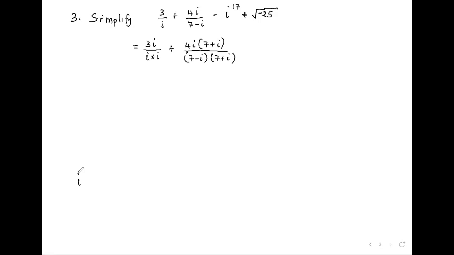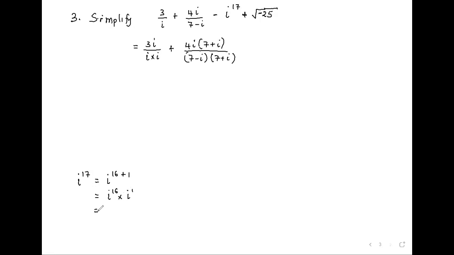Now let's do i to the power 17. i to the power 17 can be written as i to the power 16 plus 1, which is i to the power 16 multiplied by i to the power 1.